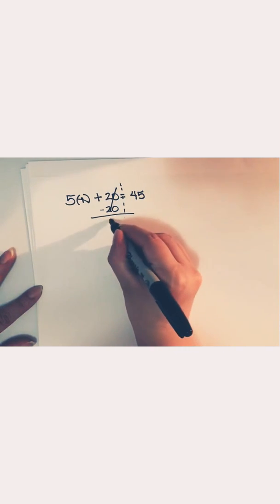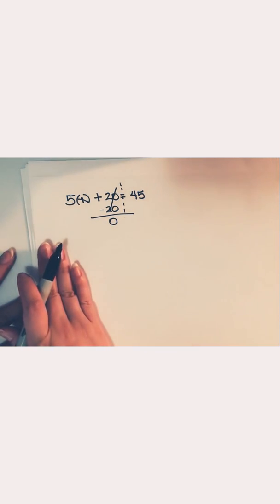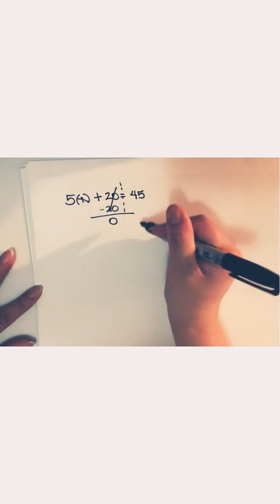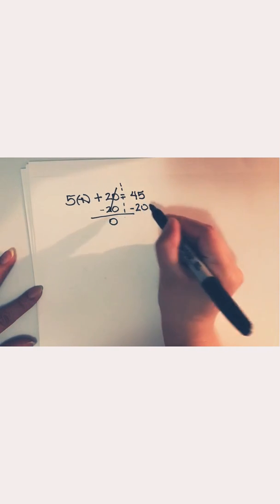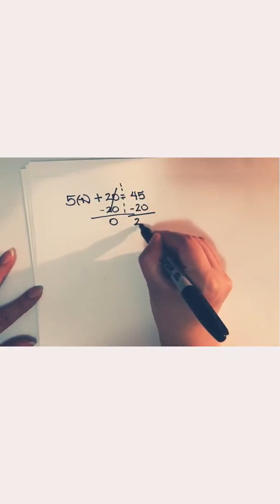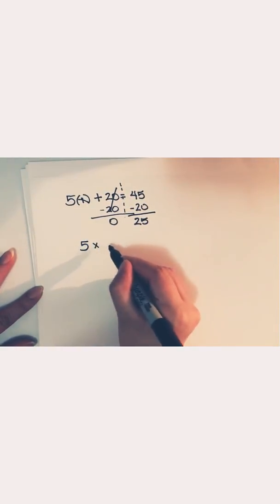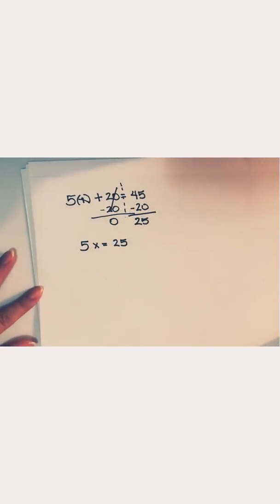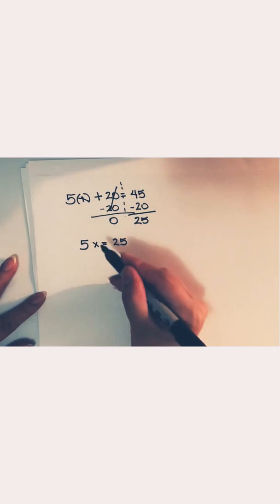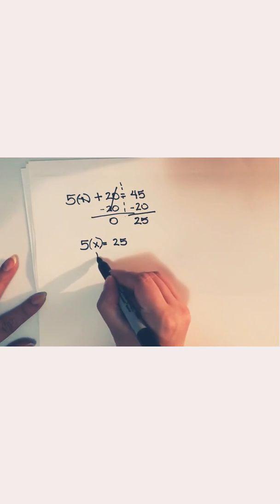So here it would be 0. And then what you do on the left side, you have to do on the right side. So you minus 20. Here it would be 25, right? So rewrite everything so everything looks neat. 5x equals 25. Now, we still have this x here, right?